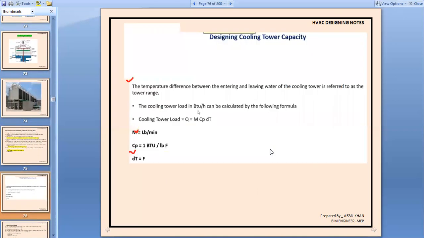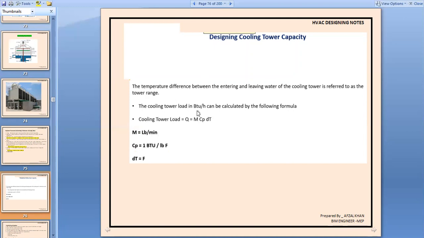Firstly, designing the cooling tower capacity. The temperature difference between the entering and leaving water of the cooling tower is referred to as the tower range, which I already told you: range is the difference between the inlet and outlet temperature.